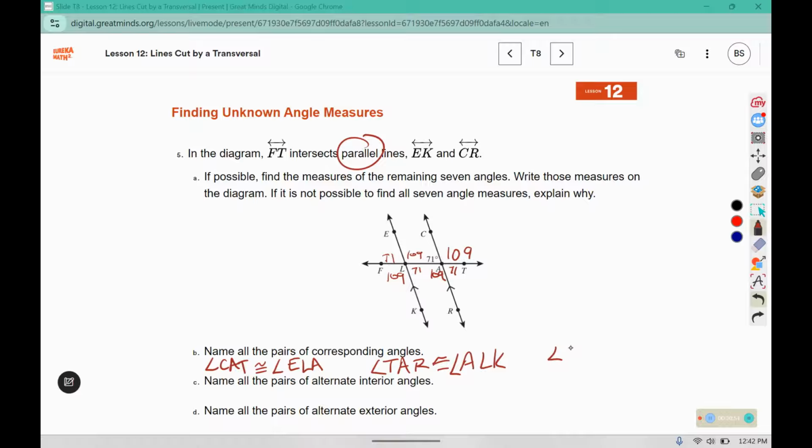CAL corresponds to ELF. LAR corresponds to FLK.